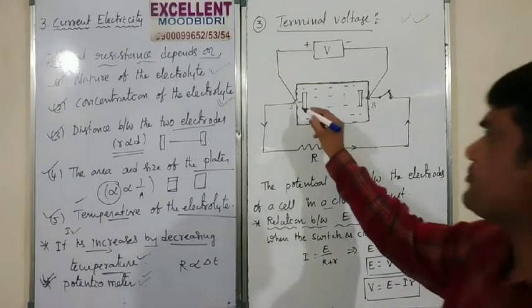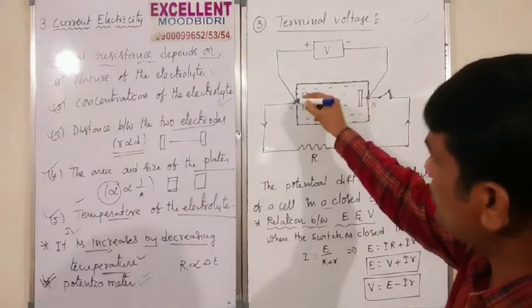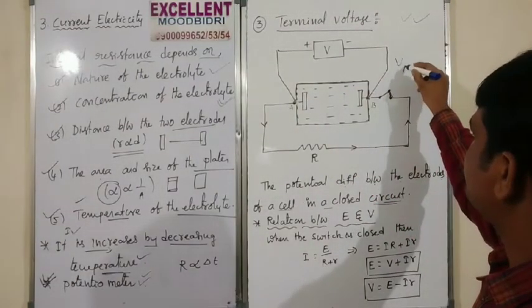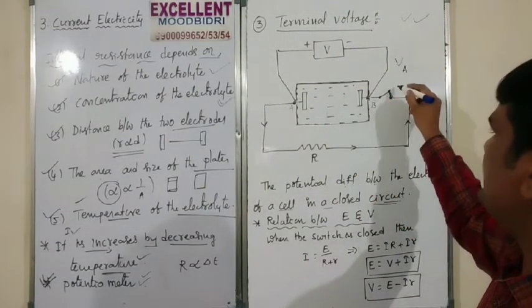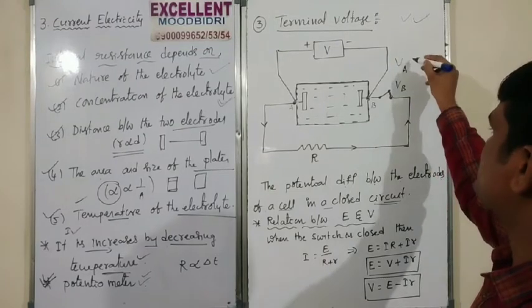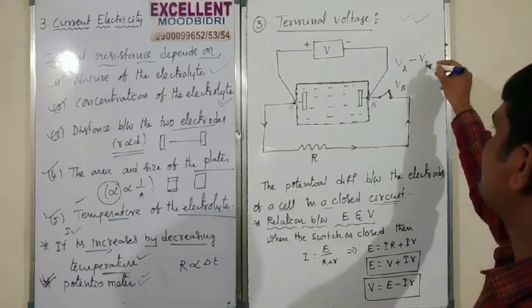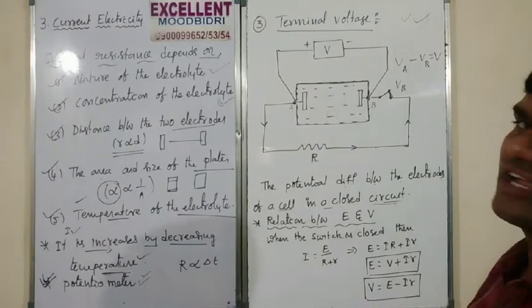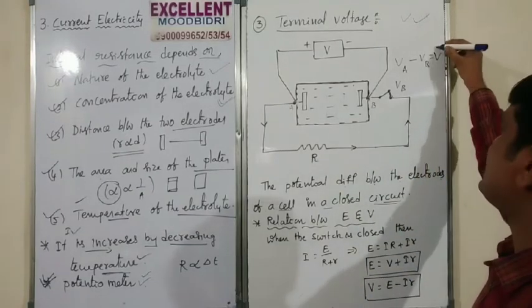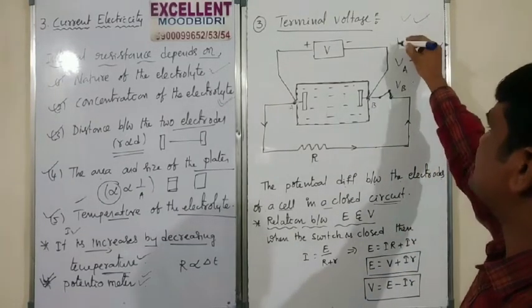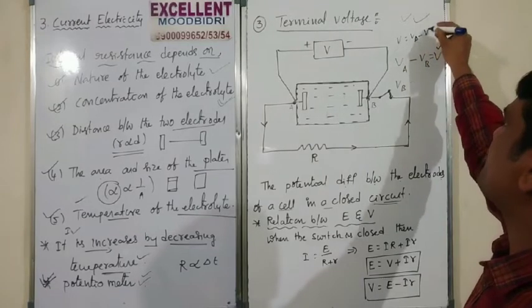That is why here the potential at A is VA, at B, VB. The difference, VA minus VB, is nothing but the terminal potential difference, which is represented as V. V is nothing but VA minus VB.